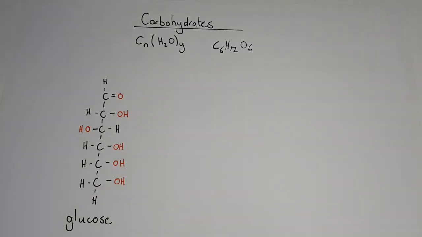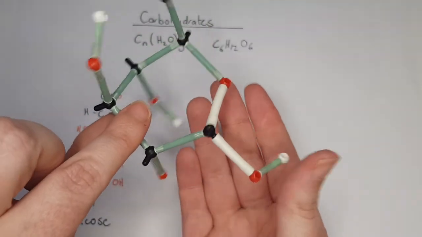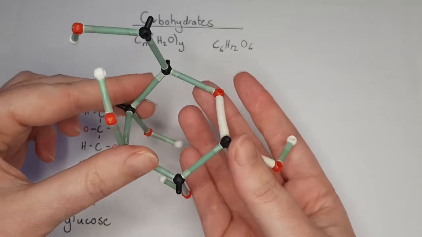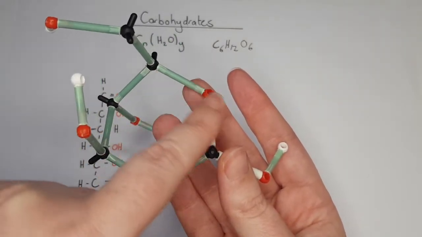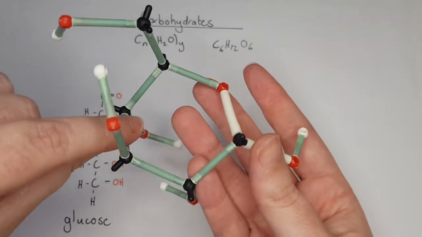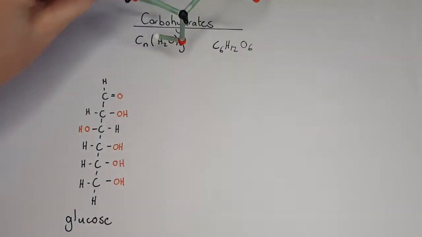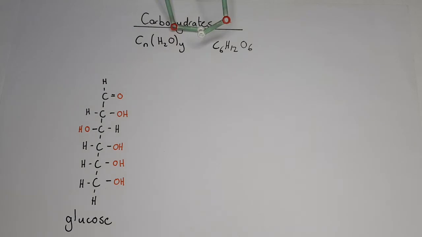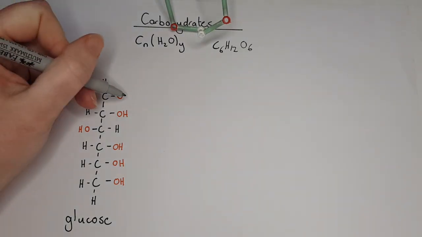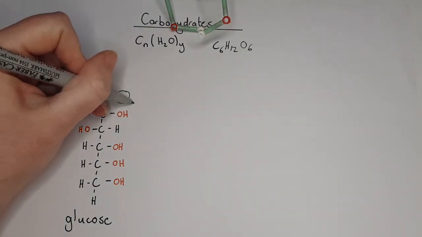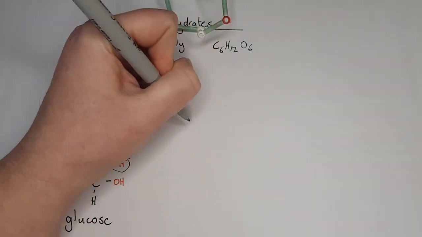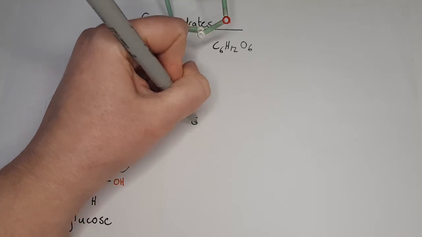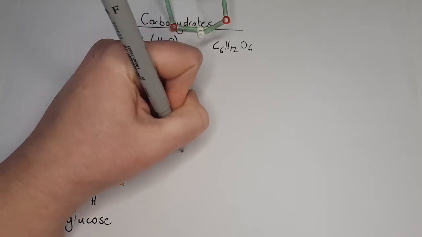And that's when we can form a ring shape like that. So you've got a glucose ring with oxygen in it as a 6-sided ring. And then the OHs are facing certain ways.